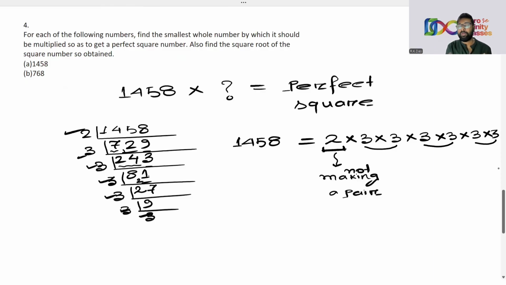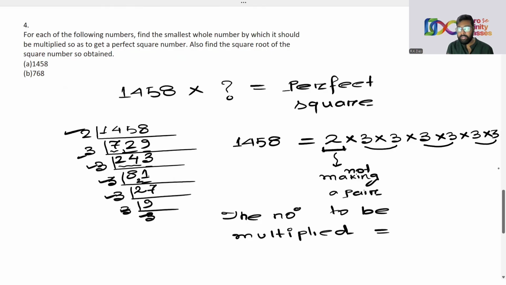So then also they will form a perfect square. Okay, that means the number to be multiplied is 2. Why is it 2? Because if you are multiplying 1458 by 2, then this 2 will form a pair. And if this 2 is forming a pair, then it will obviously become a perfect square. Okay. And now the question is to also find the square root of the square number so obtained.